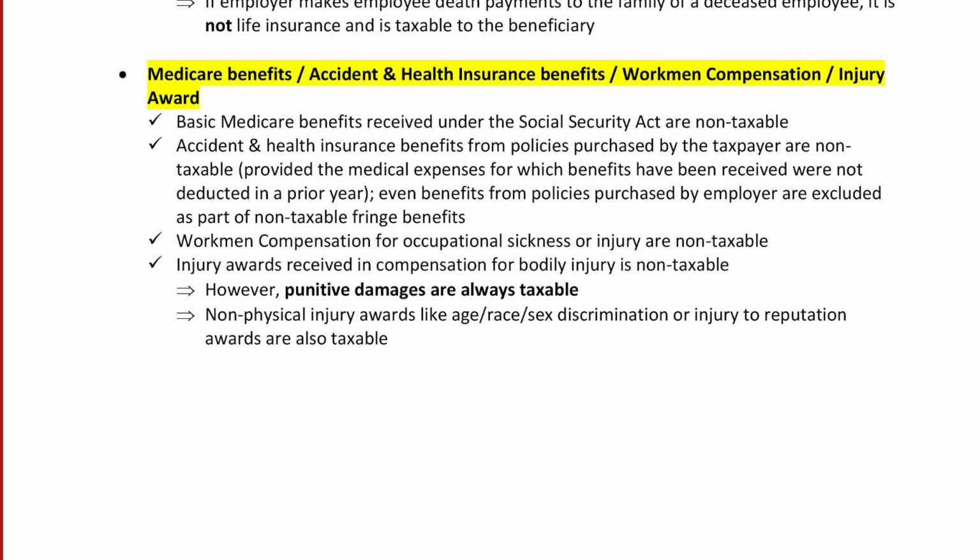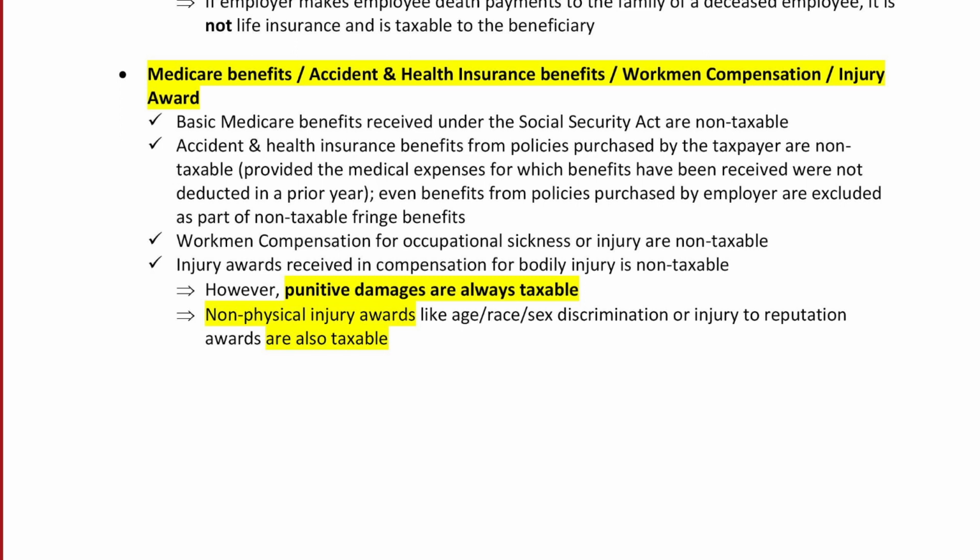However, underline, punitive damages are always taxable. So if the taxpayer is a recipient of punitive damage awards, that's taxable. Similarly, if the taxpayer is a recipient of any, underline, non-physical injury awards like age, race, or sex discrimination, or injury to reputation awards, all these, underlined, are also taxable.